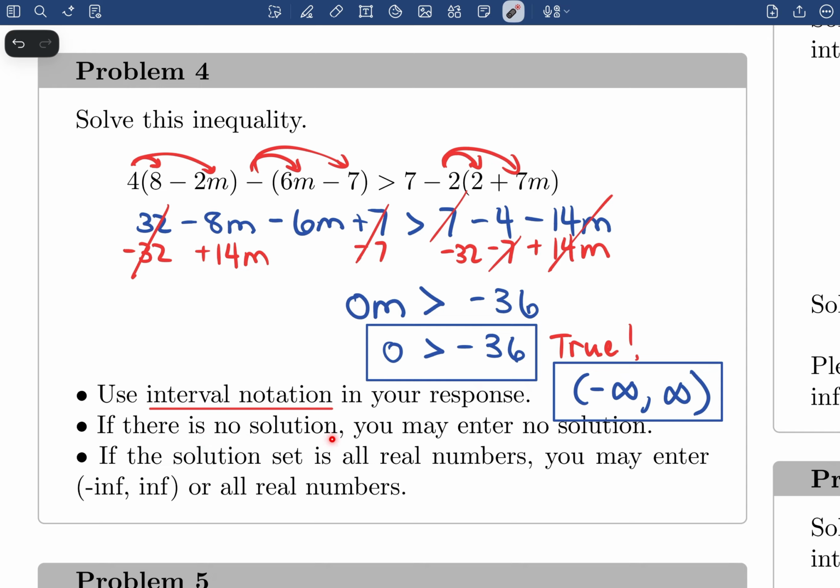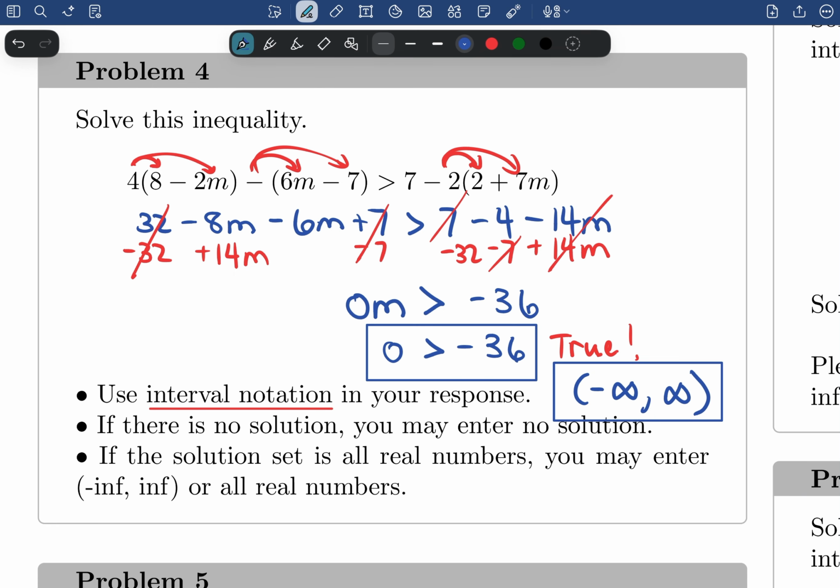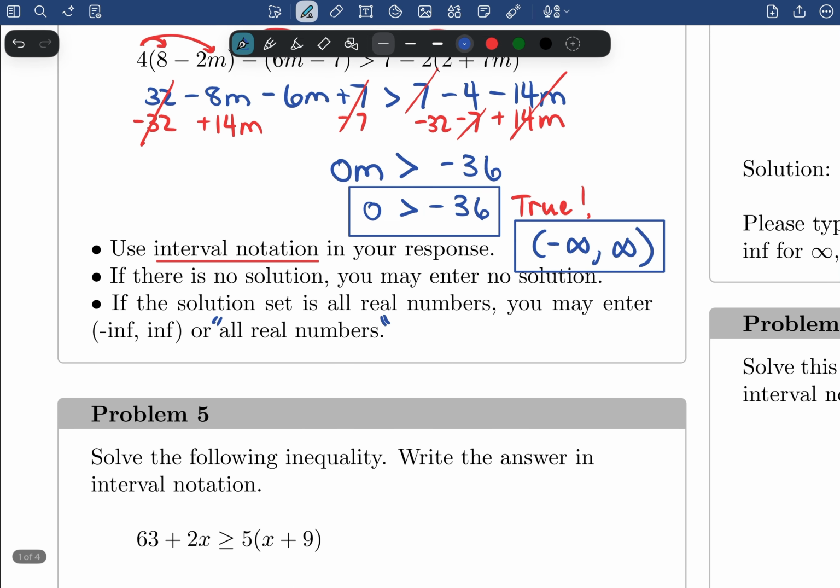If there is no solution, I would have entered no solution. But because there is a solution, and my solution is all real numbers, I'm entering negative infinity to infinity like this. Or I can say all real numbers, with quotation marks. So pay attention as you enter your answer that you are doing it in the correct way.